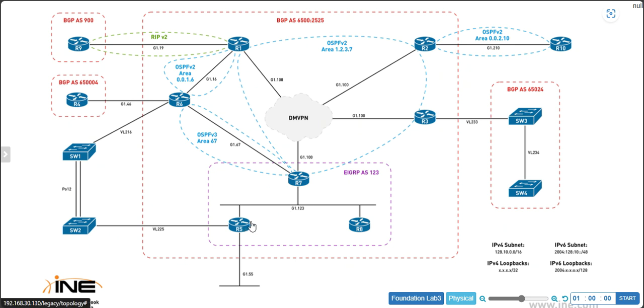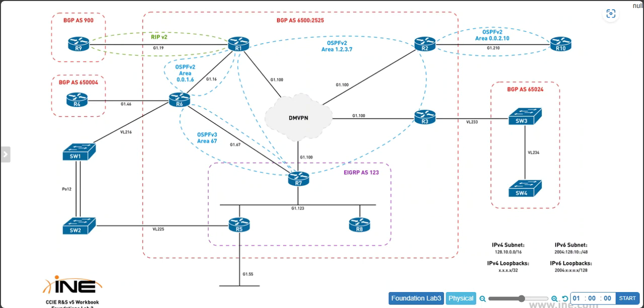Okay, R7 is connected with R8, but it cannot go back to R5 because split horizon is enabled. I have to disable it on the other interface with the af-interface command.